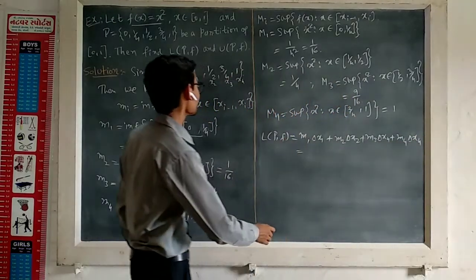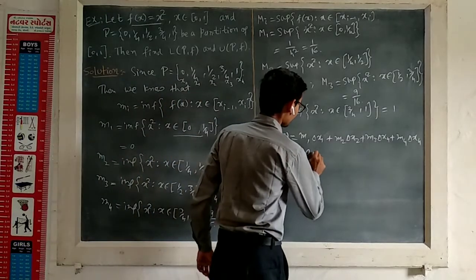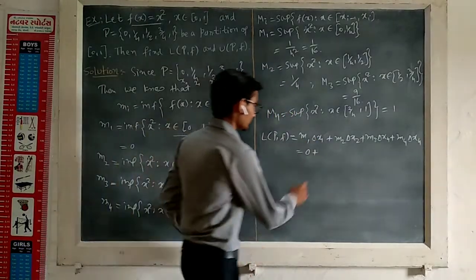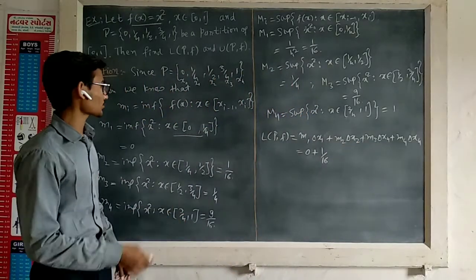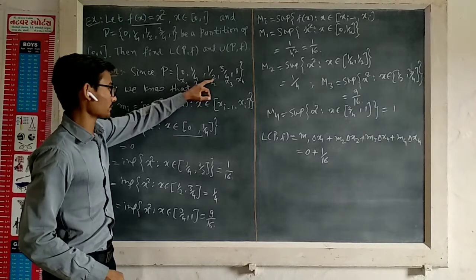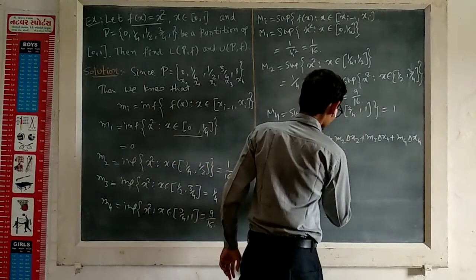What is the value of small m1? m1 is 0, so 0 into anything is 0, plus small m2 is 1 by 16 into delta x2, means x2 minus x1. x2 is 1 by 2, x1 is 1 by 4. So 1 by 2 minus 1 by 4 is 1 by 4.